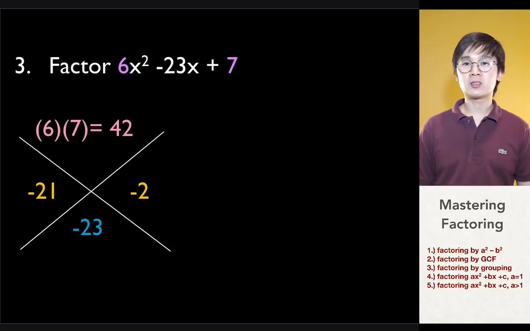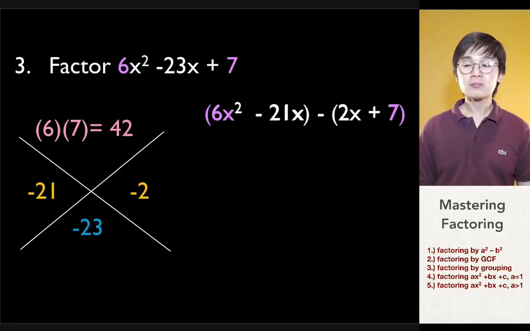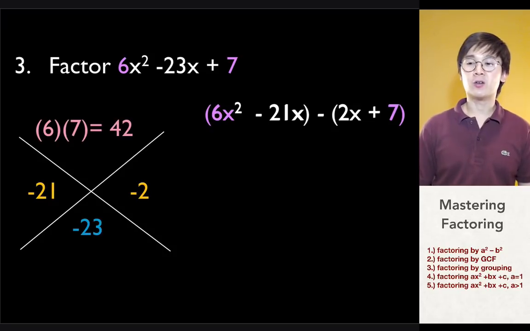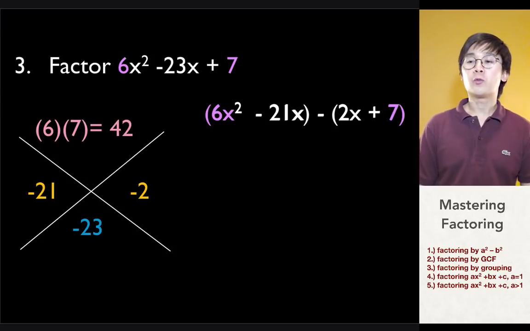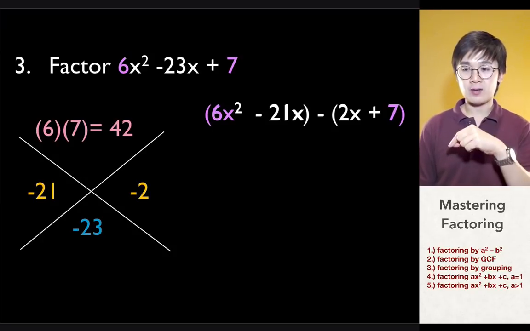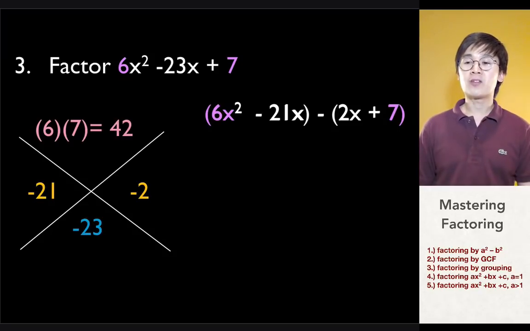All we need to do is to repeat what we did a while ago and group them into two. Now the negative 2x should be inside the parentheses, so this one is a little bit of an error with my factoring or grouping. So we know that negative 2x is inside the parentheses plus 7. So the first group, we don't have any problem with that because the GCF of the first group is 3x.